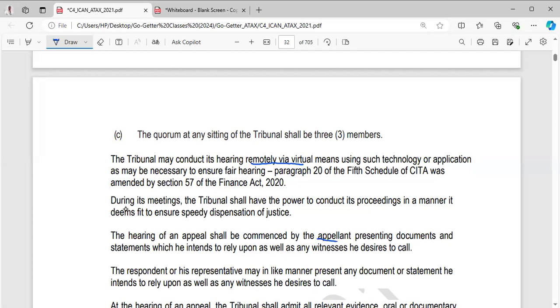This is the plaintiff, the one who brings the tribunal to come and judge. So they will commence by asking the appellant to present documents and statements which he intends to rely upon. The appellant is the one who calls for this meeting. They will say, okay, you've called us here, right? Tell us why you called us here.